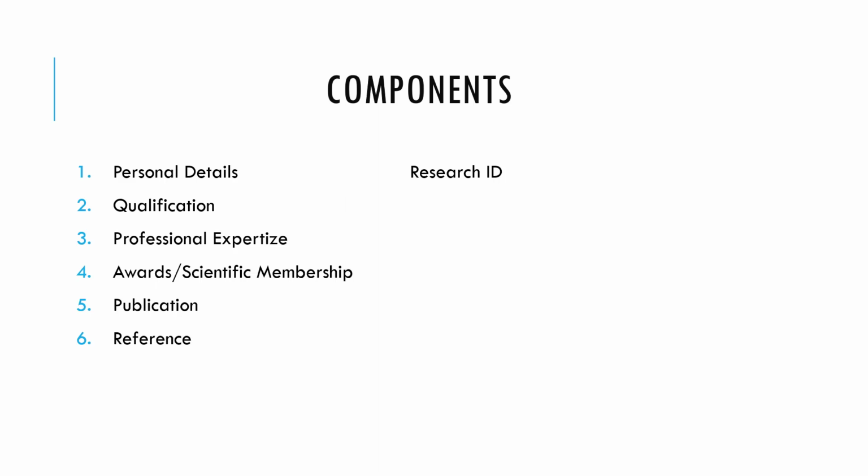So the referee or reference is very important. The selection of the reference is very important, because they are the first persons who will give feedback. So select the referee in a very careful manner.